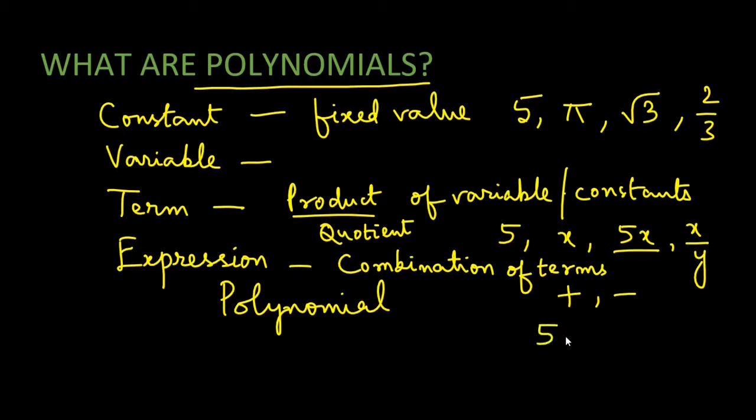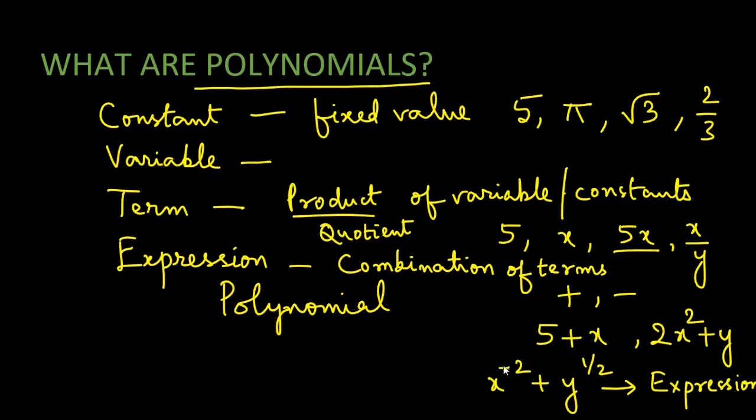Let us say 5 plus x. 5 plus x is an expression. 2x square plus y is an expression. x power minus 2 plus y power 1 by 2 is an expression. An expression may contain any number of terms. It may contain one term or two or any number.